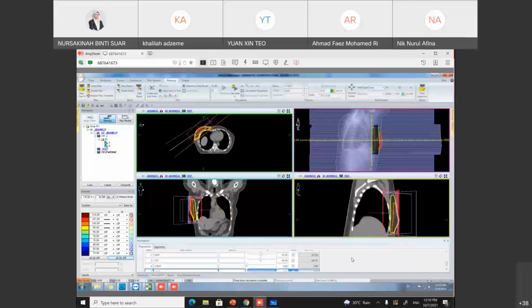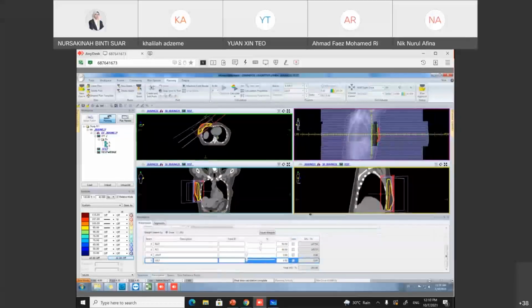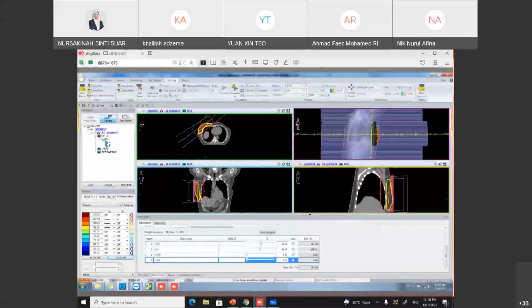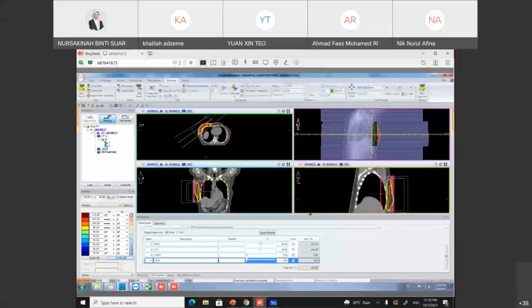So now the weighting is still 0. I will calculate first. It's already calculated, sorry. So now how many percent weighting do I want to contribute from the field in field technique?